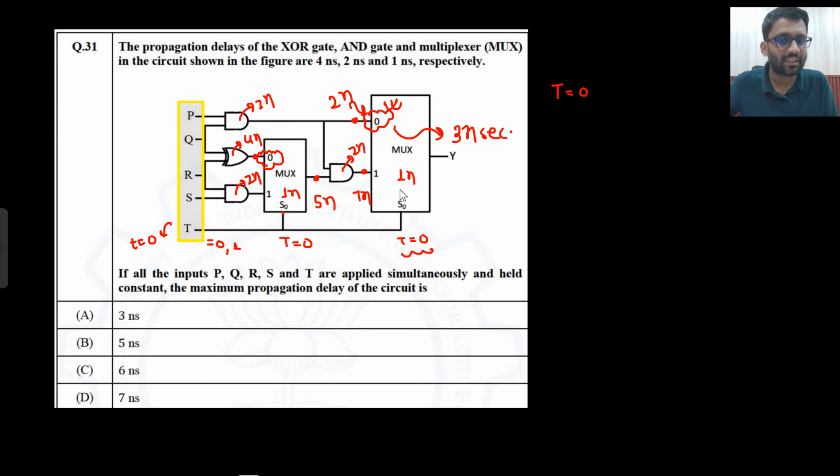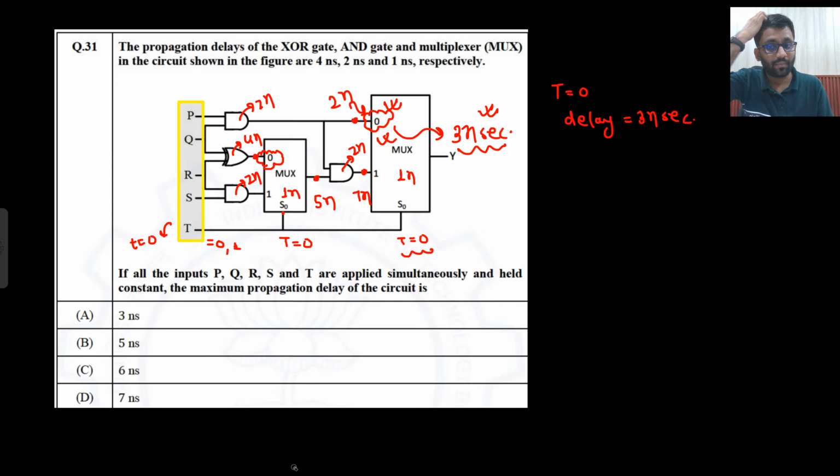So 2 nanosecond, and the MUX will take 1 nanosecond to give the output. So the answer will be taken out at 3 nanosecond only. Although this bit will become stable after 7 nanosecond, I can take the answer after 3 nanosecond only, because if t is equal to 0, it will only look at this. So if t is equal to 0, your delay comes out to be 3 nanosecond. So should this be the answer?